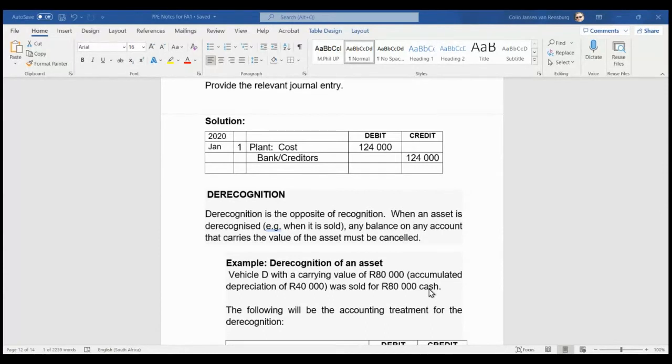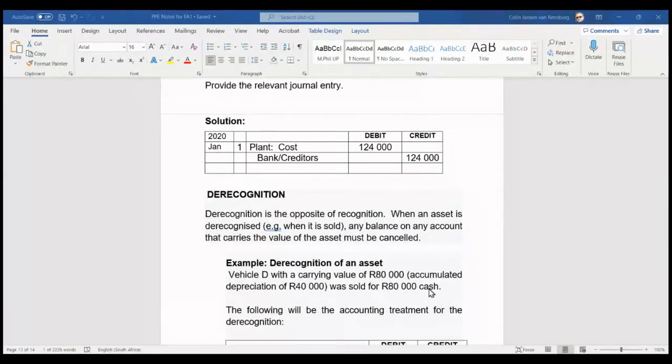Then just one more little question, ladies and gentlemen. They say it was sold for 80,000 rands. Did we make a profit or a loss on this disposal or nothing? Neither a profit nor a loss. Nothing. Yes.